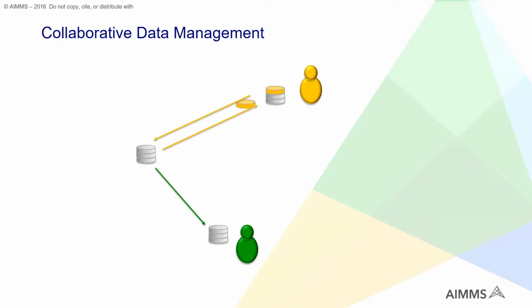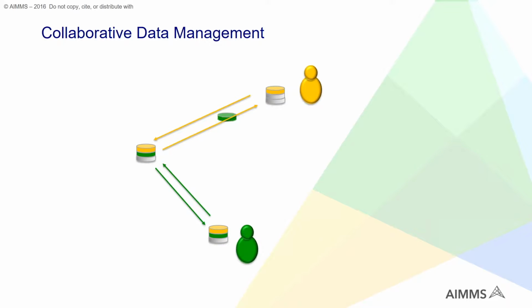Mr. Green makes his changes, and when he does, he will push them back to the data repository, and Mrs. Green would automatically pull his changes to her active session. Then Mrs. Green will make her changes and then immediately push them back to the server.